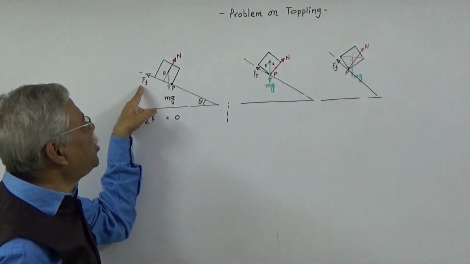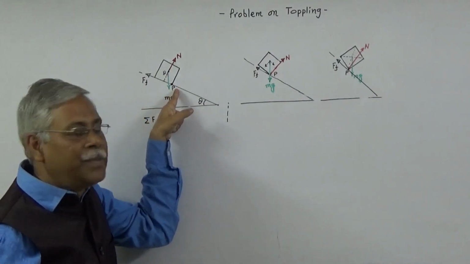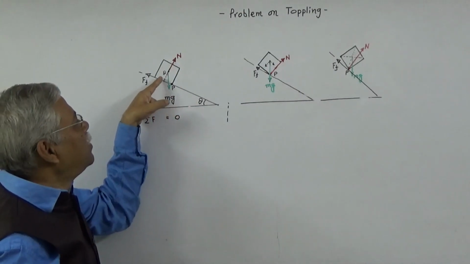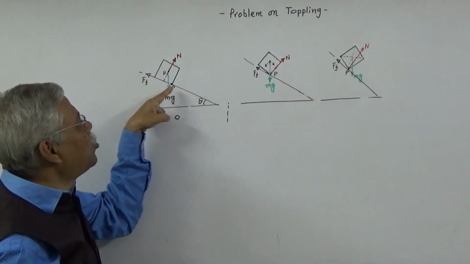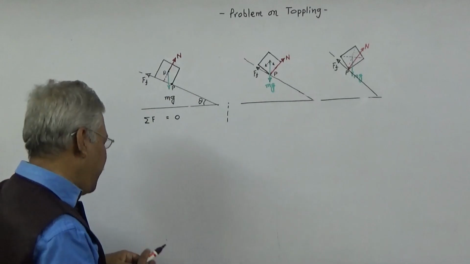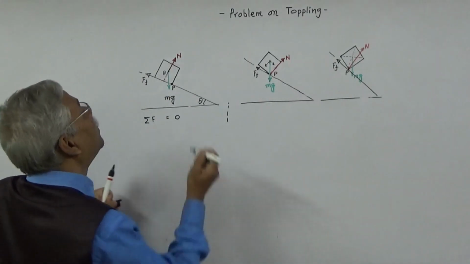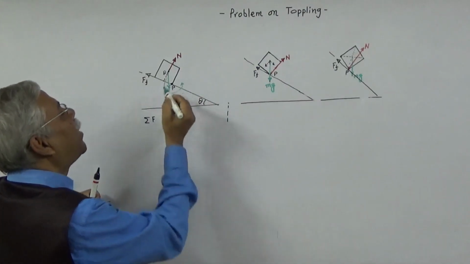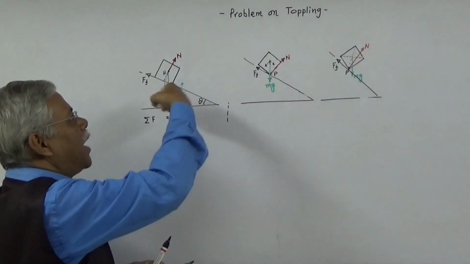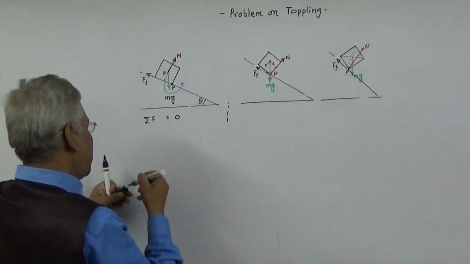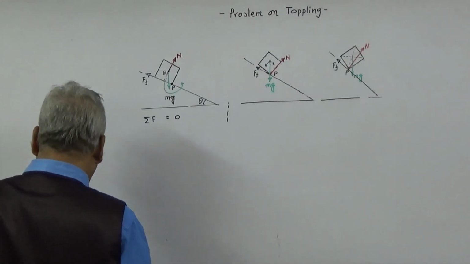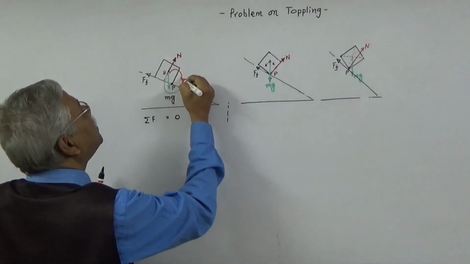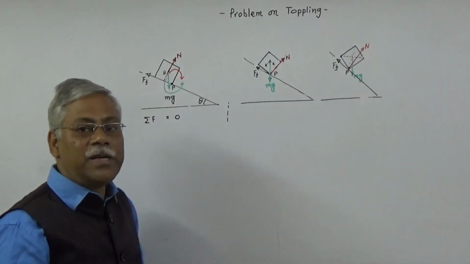Since the force of friction is passing through point P, its torque about the point P is 0, and the force mg is not passing through the point P. The sense of rotation for this force about the point P is anticlockwise, while the sense of rotation for the normal force about the same point is clockwise.